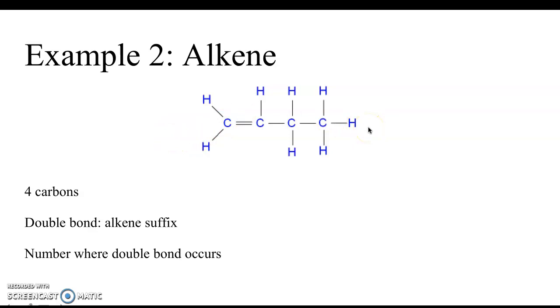You always take the lowest number. And again, the point of this is to keep everyone on the same page. If we number things the same way, we're talking about the same compound no matter where we are, which makes this 1-butene. Because carbon number 1 is where our double bond is. The ENE ending indicates that, the one is telling us there's a double bond, and again, but for 4 carbons.